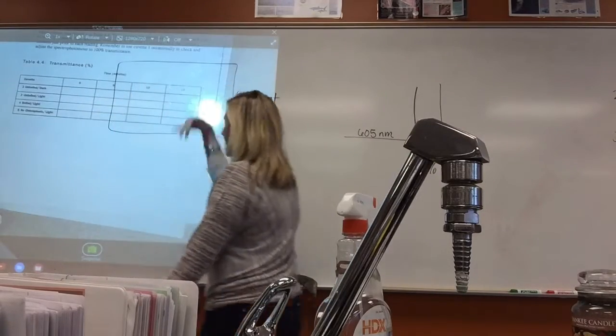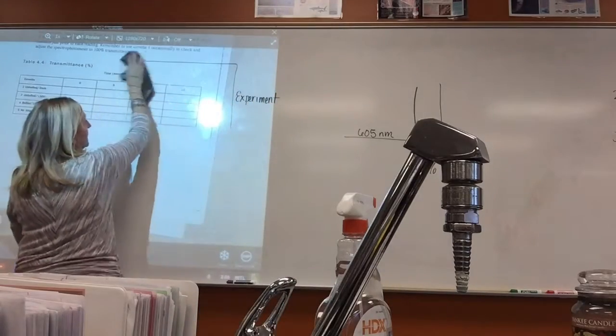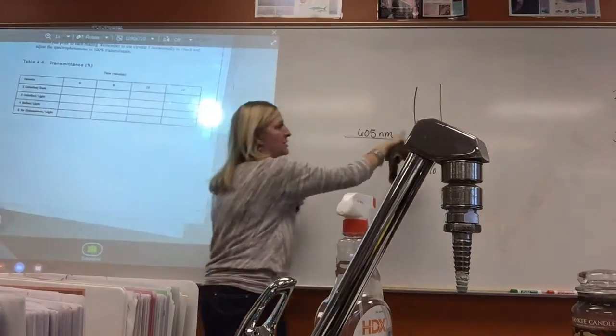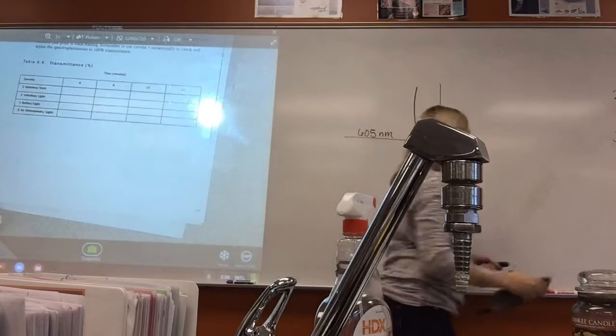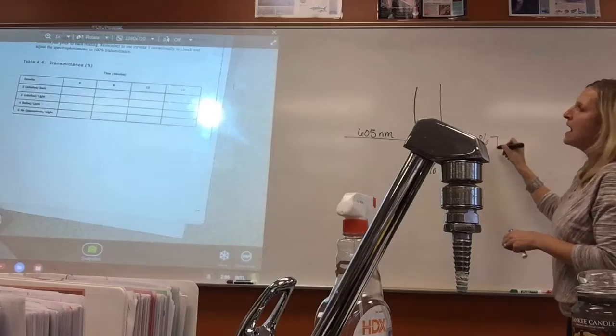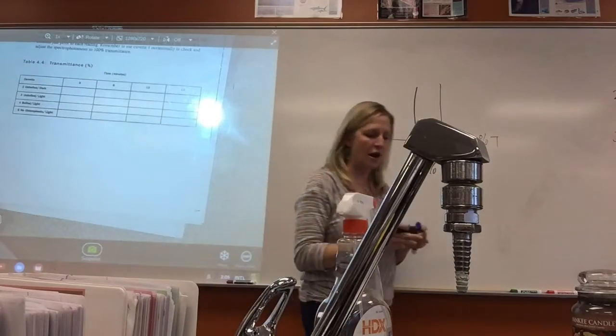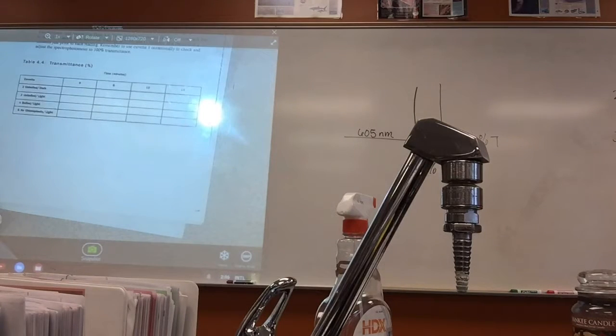Then they put them back into the light and let them sit for 5 minutes, and at 5 minutes they took them back out, put them in the spectrophotometer, and recorded the percent transmittance. Then they put them back in the light and took them out at 10 minutes, then at 15 minutes. And so that was the experiment.